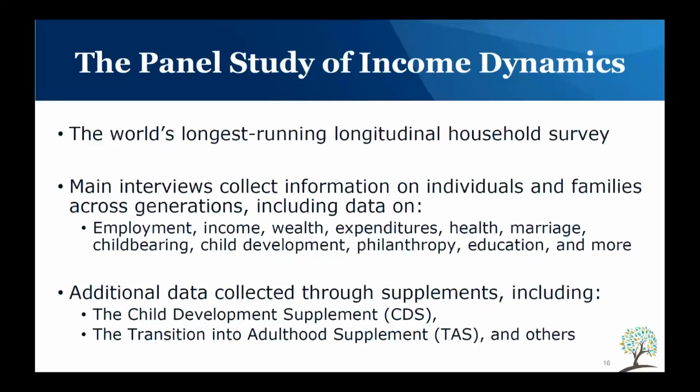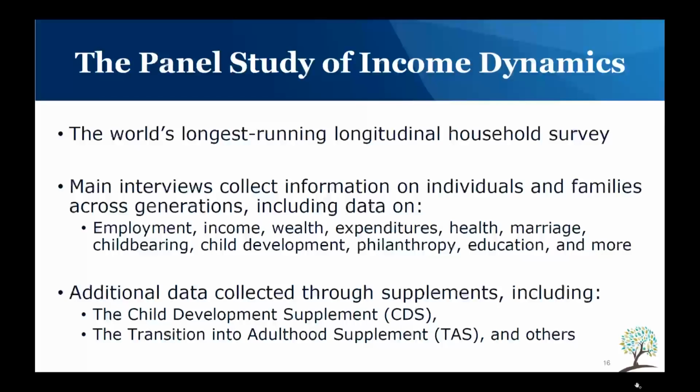Essentially, we have our main interview, which is what we'll be focusing most on today, and it collects information on individuals and families, both over the life course, since we've been around for over 55 years, and across generations. So we have quite a breadth and depth of information that we collect. I'll go over it pretty briefly here, just to give you an idea of the types of information we collect.